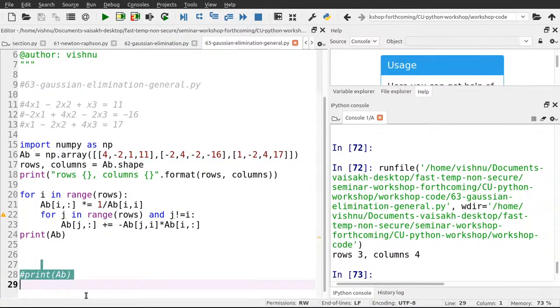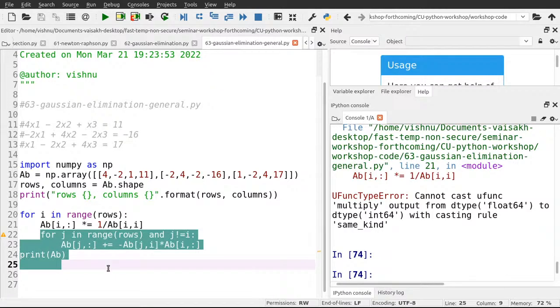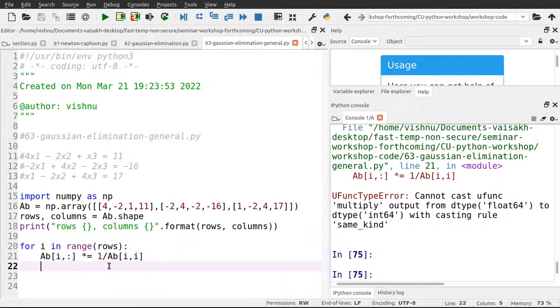I don't know whether this will succeed. I'm just trying. Cannot cast multiply to d type which is casting same kind. So what is happening here? 1.0 absolute value for i in range. Where is this happening? So let me just try to do this first. I in range 1 by AB i.